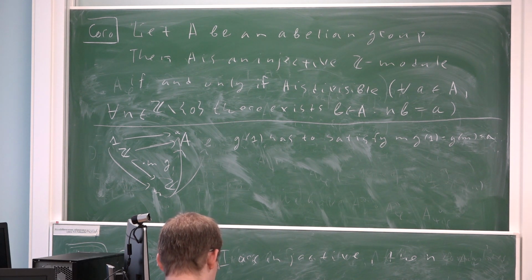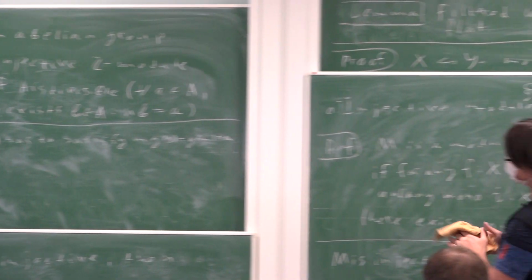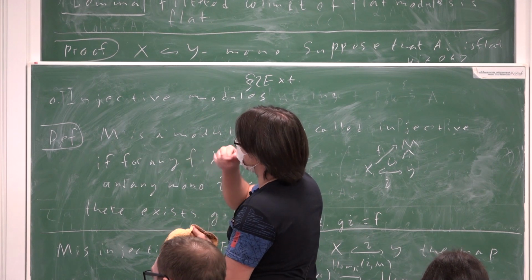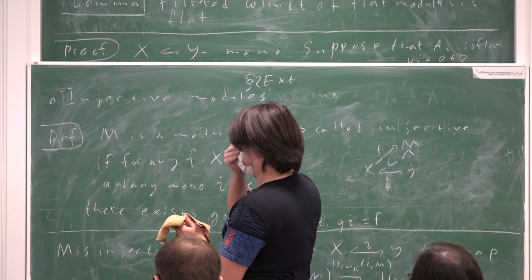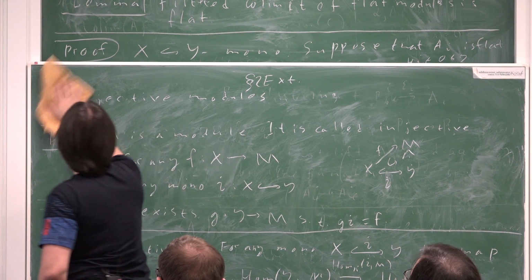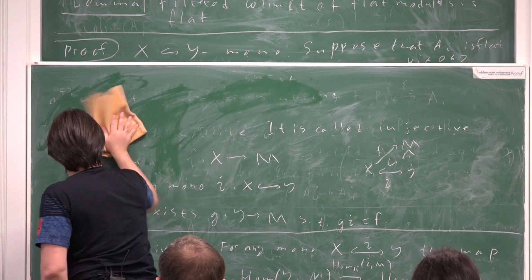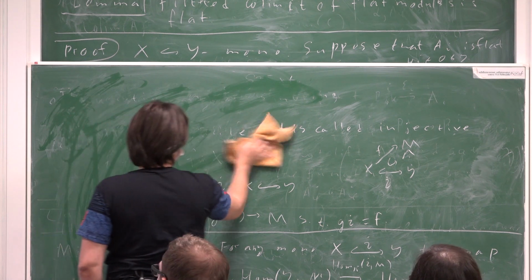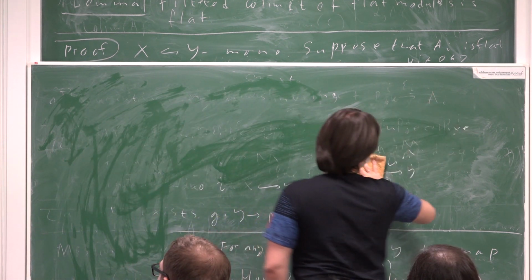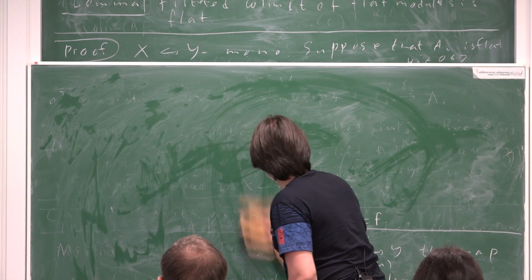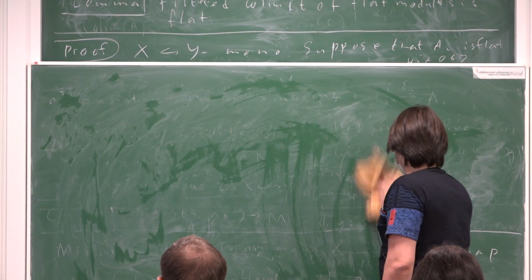Well, so even without Baer's criterion, of course, it's clear that if some abelian group is an injective Z module, then the group is divisible. But only with Baer's criterion we can prove that if a group is divisible, then it is injective as a Z module.